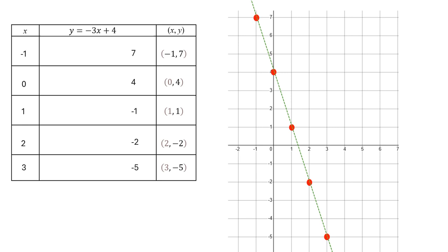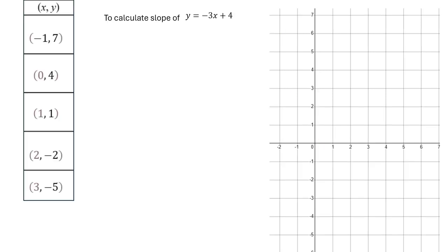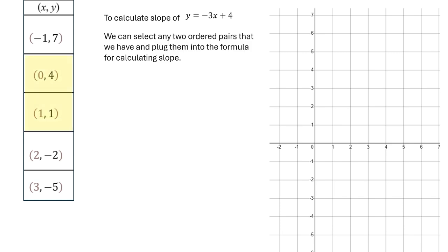What that slope is? Well, let's calculate that. We'll take the ordered pairs from our table, rewrite them over here, and once again we'll select just 2 pairs. And we'll take 0, 4 and 1, 1, plug that into our slope formula.